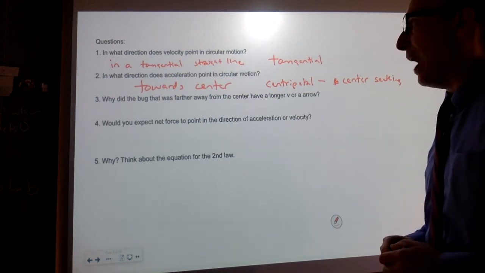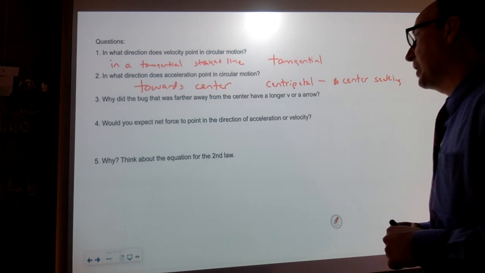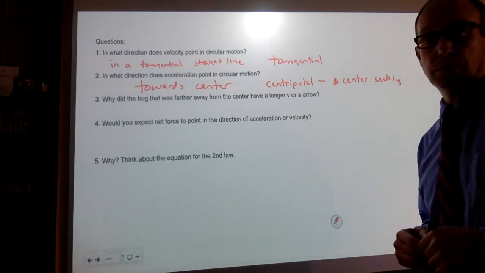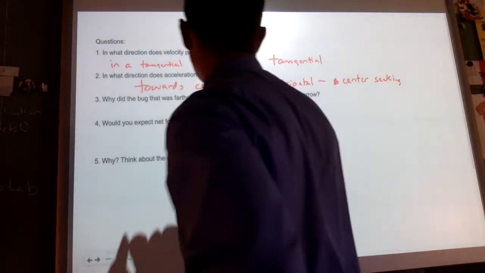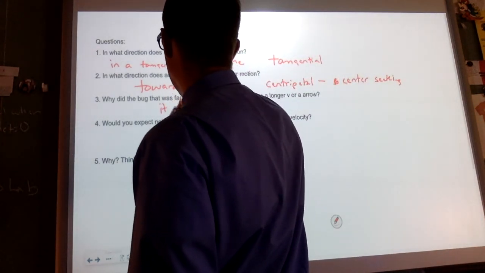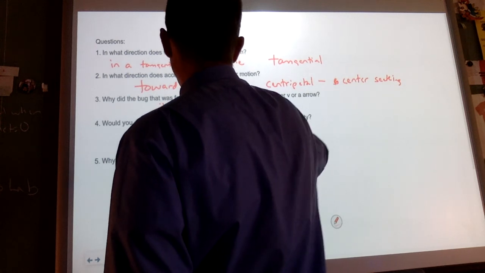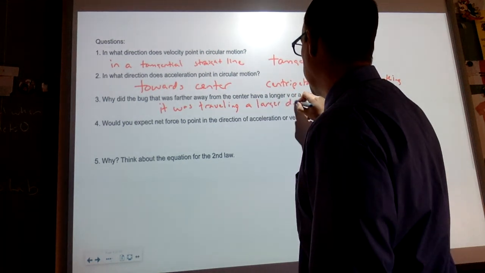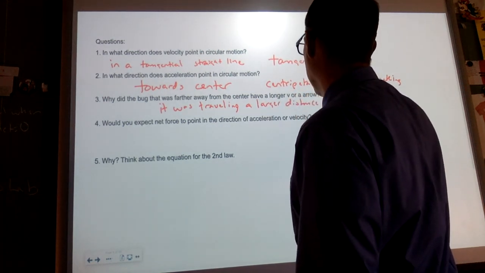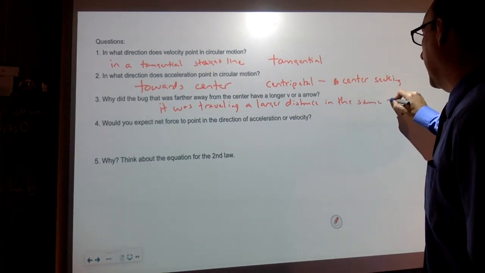Number three, why did the bug that was farther away from the center have a longer V or A arrow? It was traveling a larger distance in the same amount of time.